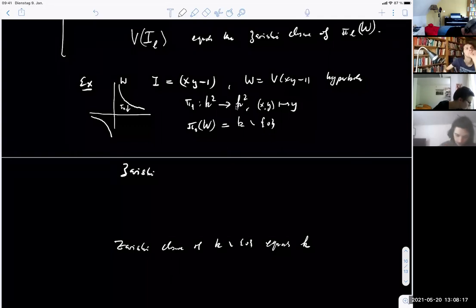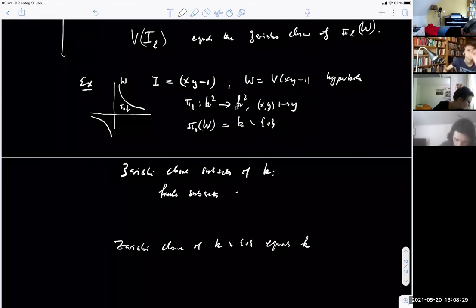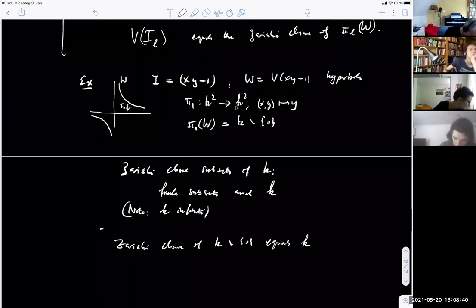The Zariski closed subsets of K are the finite subsets, and K. Note, K is infinite. Then from this, we see that the Zariski closure of this equals K.